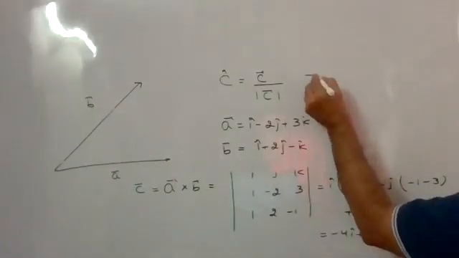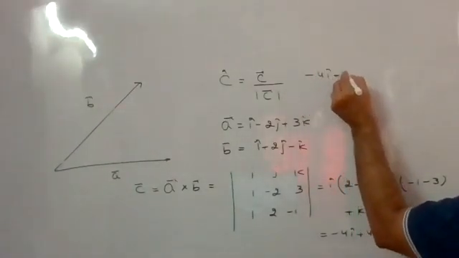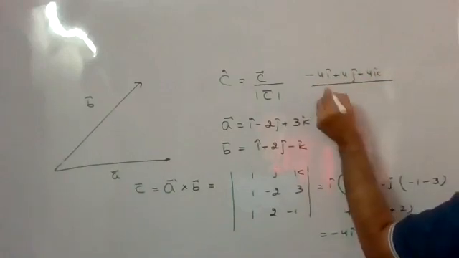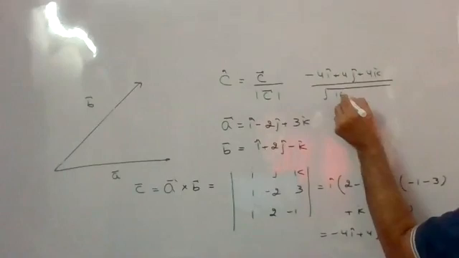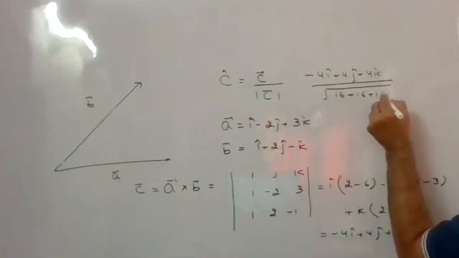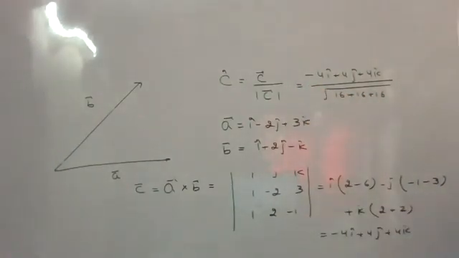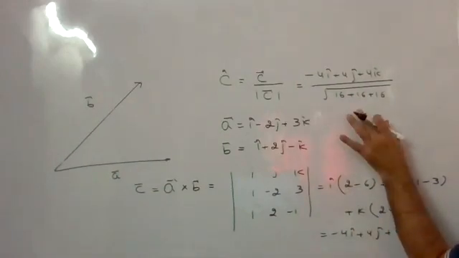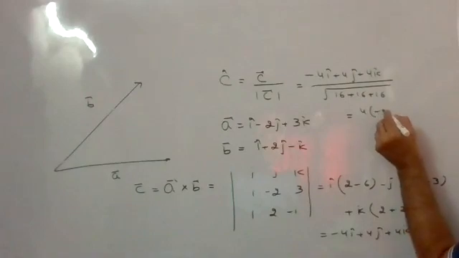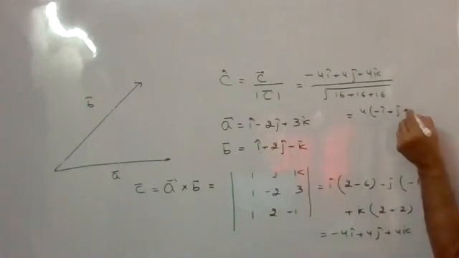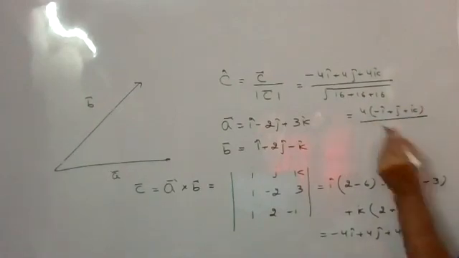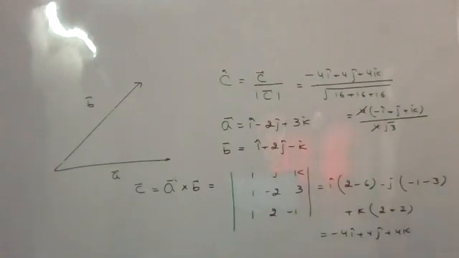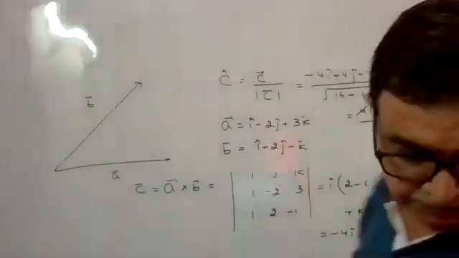So minus 4i plus 4j plus 4k whole divided by under root 16 plus 16 plus 16. Then 4 can be taken common, left is minus i plus j plus k, and below is 4 under root 3. This 4 gets cancelled out, you got your answer.